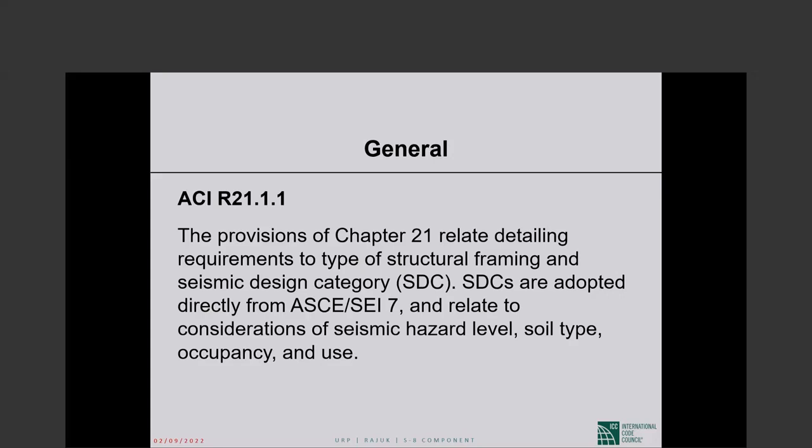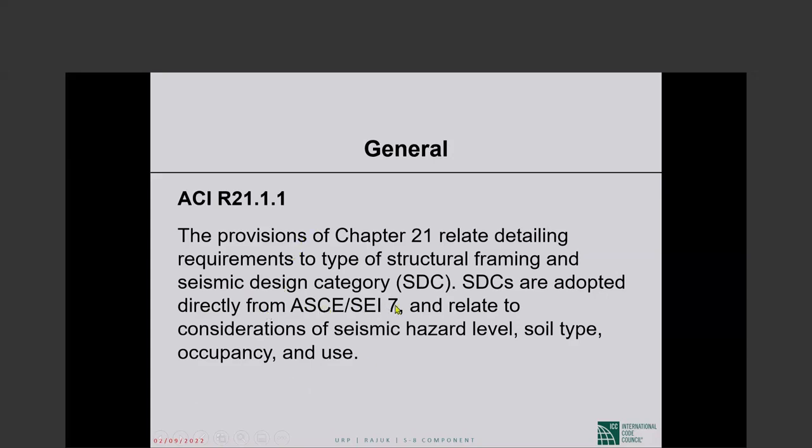Seismic design categories are adopted directly from ASCE 7 and relate to considerations of seismic hazard level, soil type, occupancy, and use. All of that has been said before, but this is stated in the commentary up front.